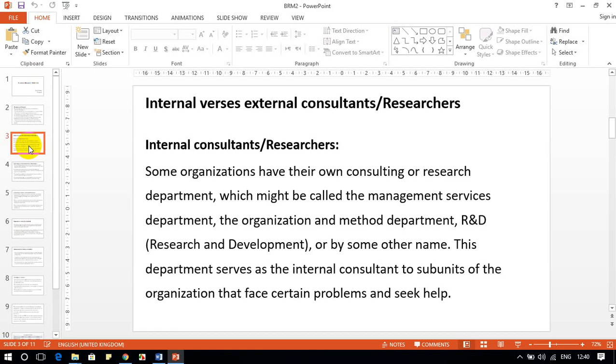That particular department is always dedicated to collecting the different ideas, views, thoughts, opinions and advice of the internal people toward finding solutions for the issues within the business organization. That is called the internal consultant.